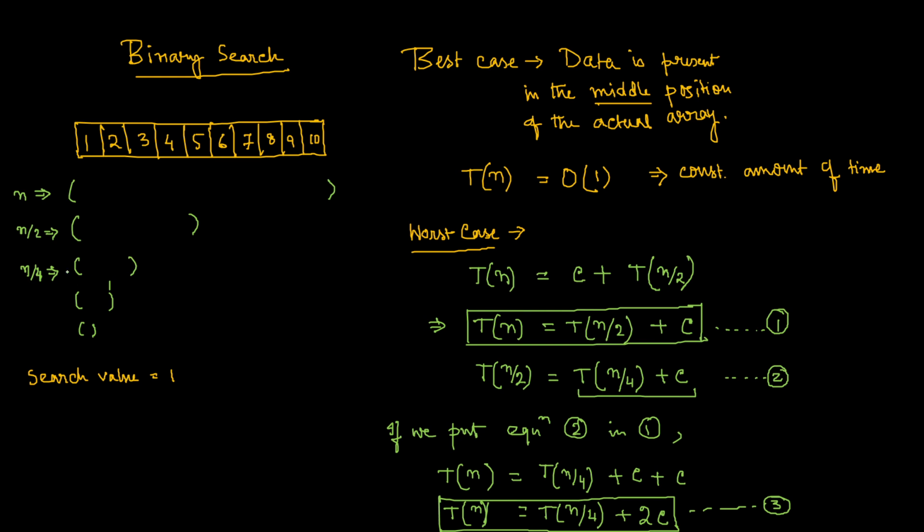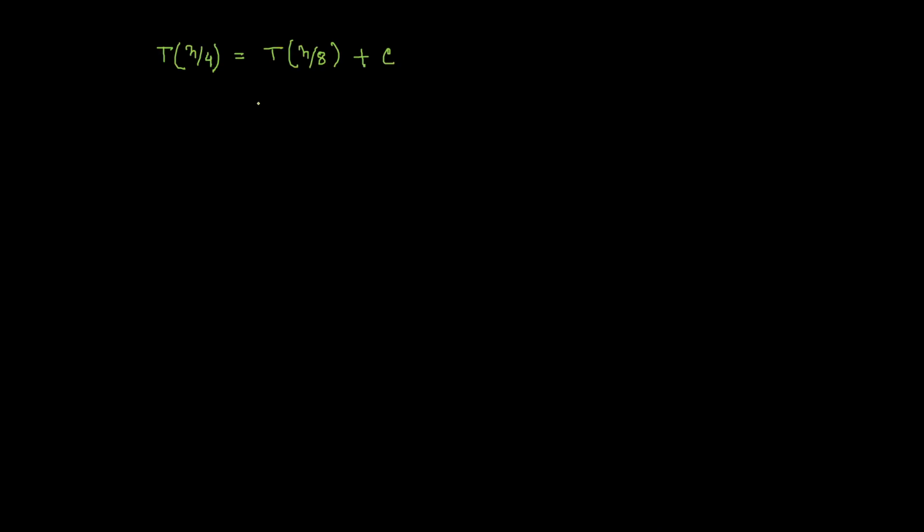The time taken for the search operation will be equal to finding the middle location and then searching the value within half of this array. Half of this array is obviously n by 8. If the input is n by 4, then half of the array will be n by 4 by 2, that means n by 8. And that's why I have written this one.